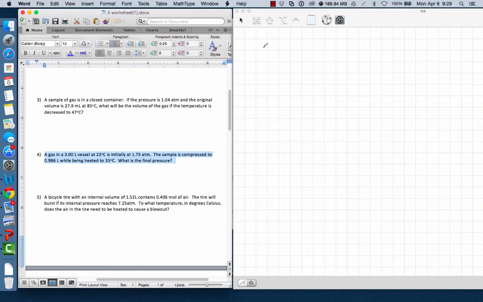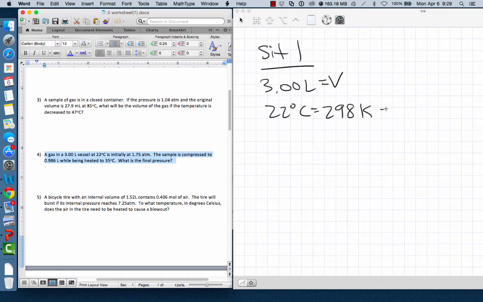So we have situation 1, and we know that it's 3.00 liters. This is V. And we have 22 degrees C, which is 298 Kelvin, and this is temperature. And then we have 1.75 atm, and this is pressure. So we have a P, a T, and a V.